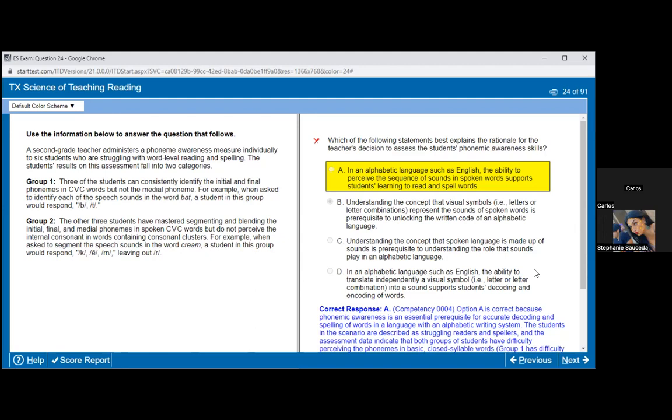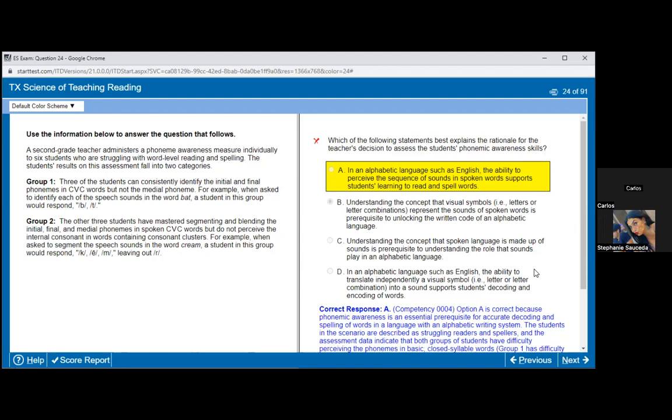So phonemic awareness is so incredibly important. In fact, if you look at the phonemic awareness section within your TEKS, it's a lot of concepts and a lot of skills. It is the building block and the cornerstone to literacy, unlocking students being able to unlock literacy later on.